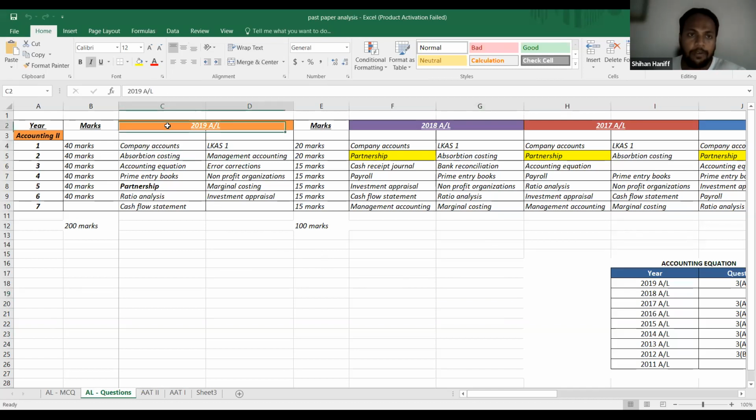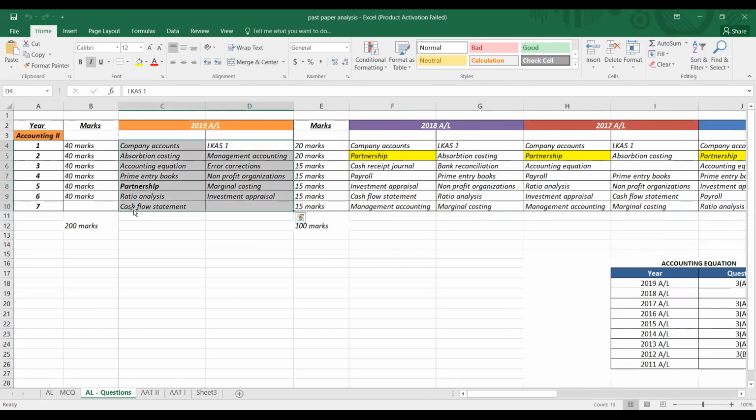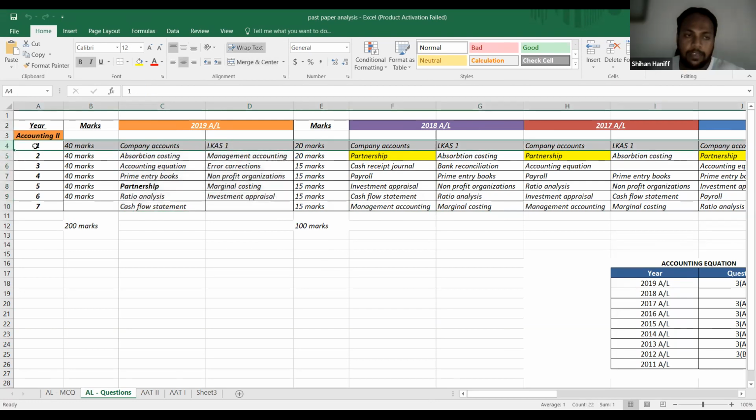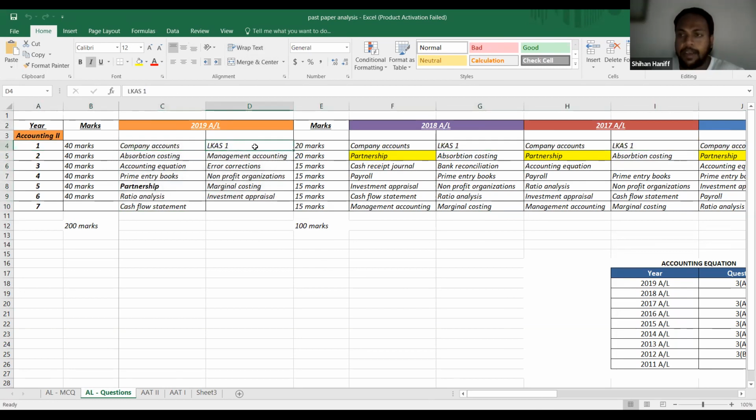If you take 2019, there are 6 questions, because in 2019 there was a syllabus change. Before that, there were 7 questions. Now you have 6 questions. If you take the first question, it's company accounts and LKAS 1, right?